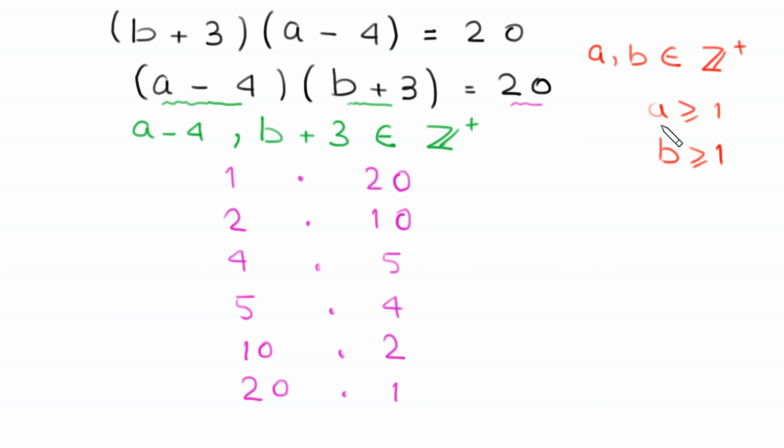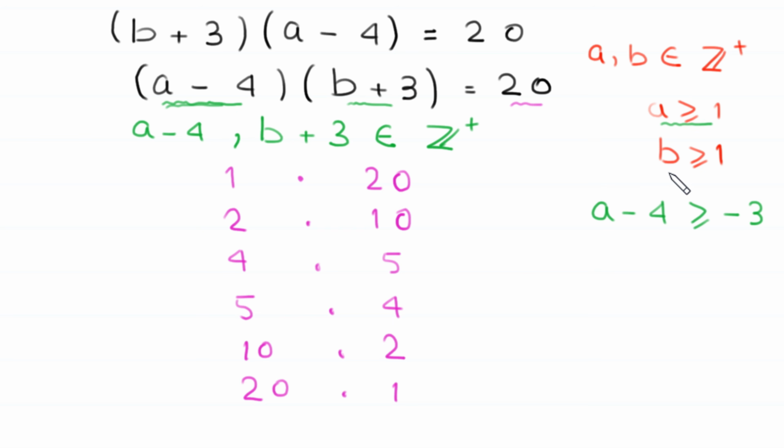Since a must be greater than or equal to 1, this expression a minus 4 must be greater than or equal to negative 3. You can see that all these 6 numbers 1, 2, 4, 5, 10 and 20 are greater than negative 3.